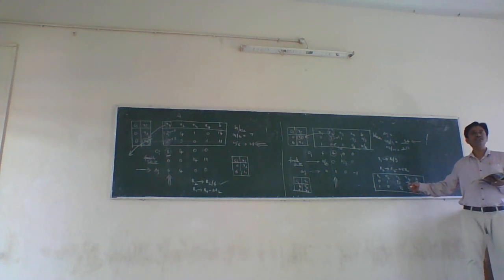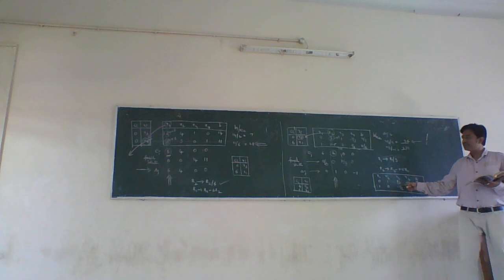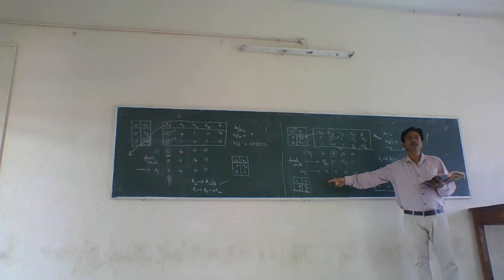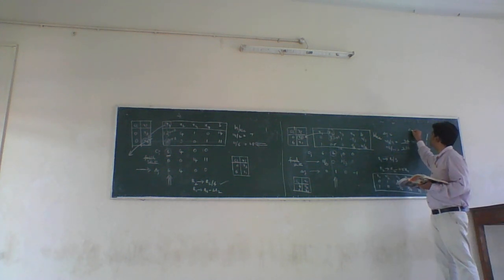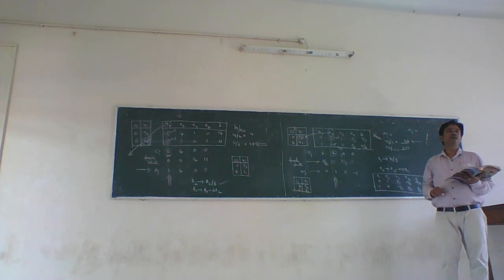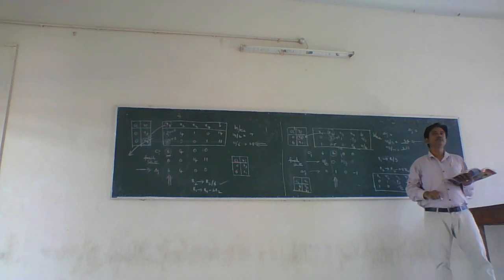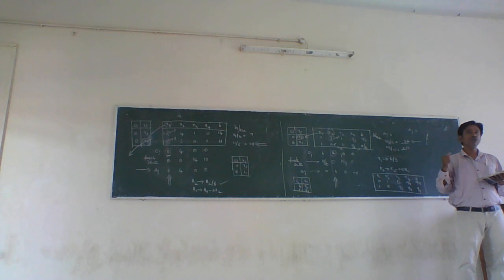Now the table has changed. CI is changed. Calculate delta J. Now this time your delta J will become either 0 or negative. You won't get any positive.